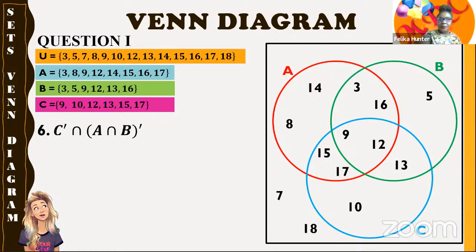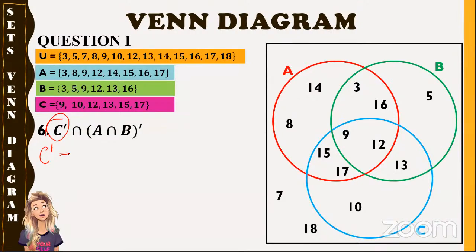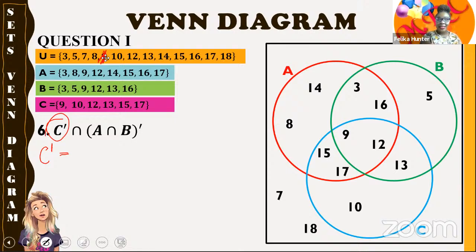The first part of our question says C complement. So I write C complement equals. First, I look at C to see what is in C, and then I take all of those out of the universal set, and what is left is C complement. In C, I have 9, so I take that out of my universal set.